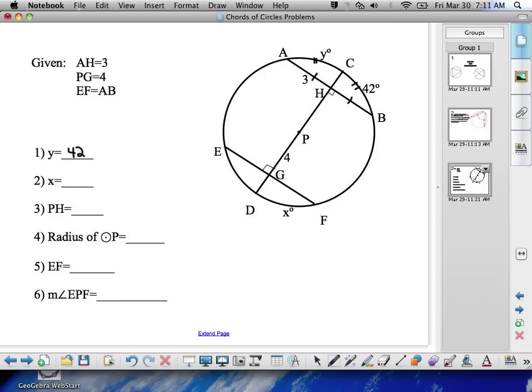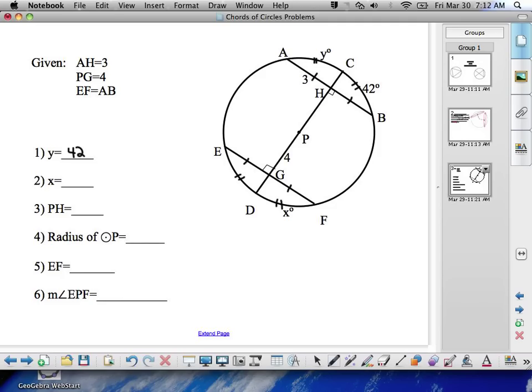Same thing. Now we have to find X. Well, we use the fact that EF is congruent to AB. If EF is equal to AB, then we know the chords are the same length. So if PG is perpendicular from the center, then we know it's going to be bisecting EF, and it would also bisect the minor arcs, excuse me.